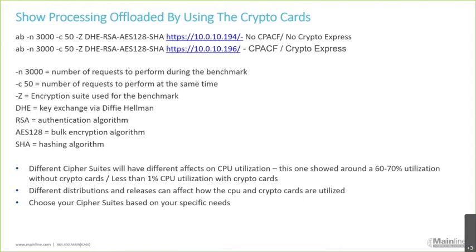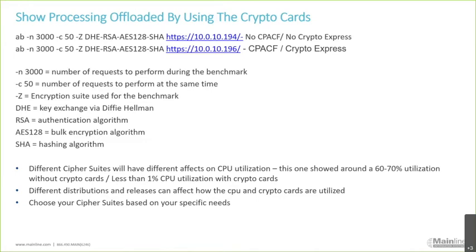I'm using a benchmarking tool here, Apache Bench, which is a free tool. All this does is allow me to run from my laptop and go against these Apache web servers that I have sitting on these Linux guests. I get to test out various encryption ciphers and hashing algorithms and various things like that.